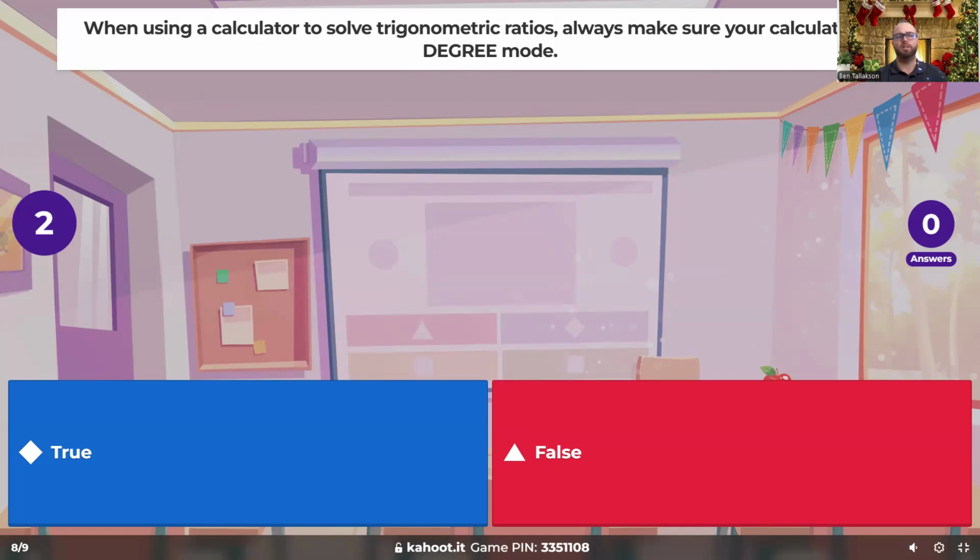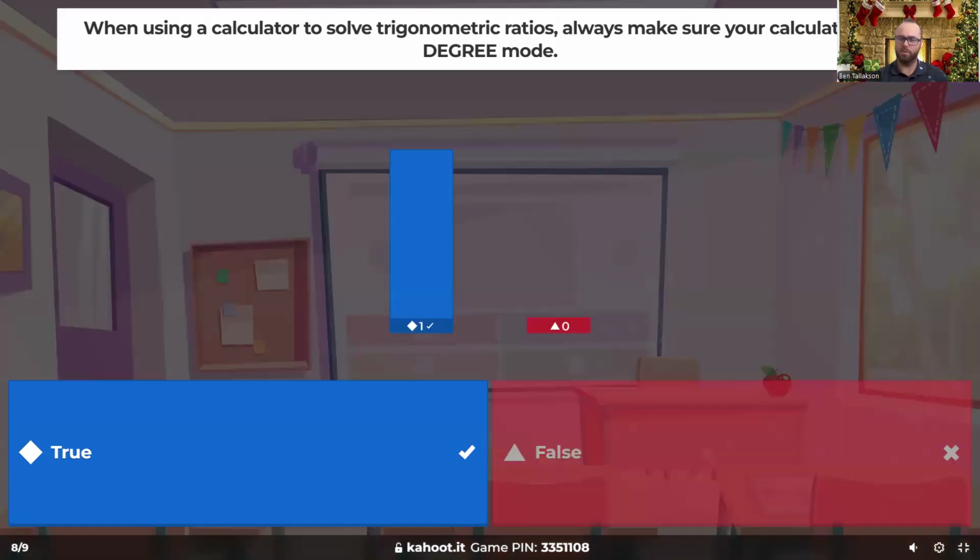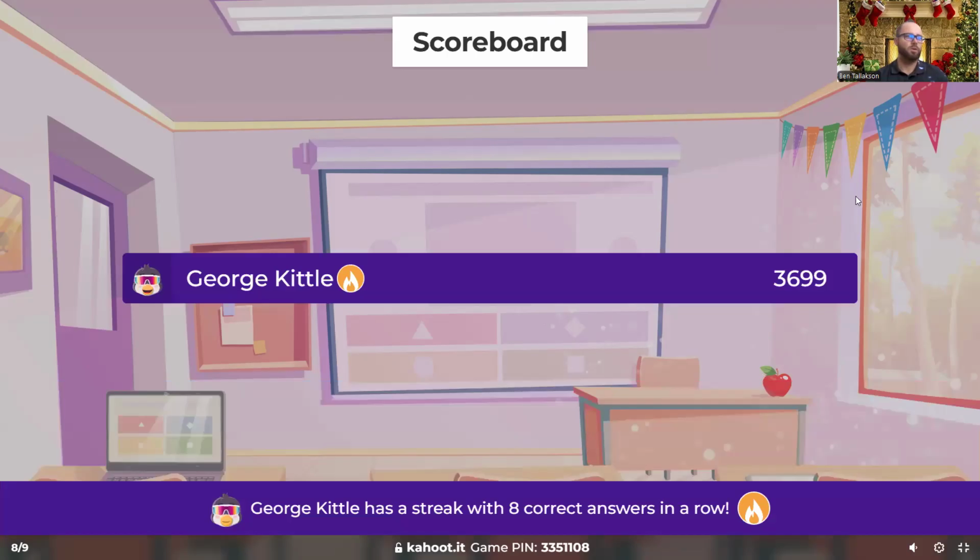And the answer is yes. You do want your calculator in degree mode. Make sure you check that no matter what kind of calculator you're using.